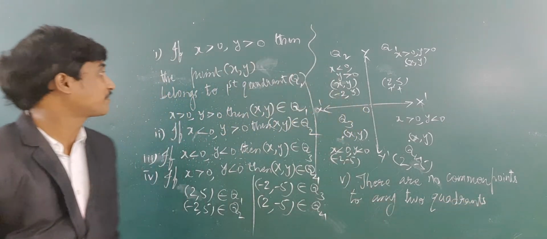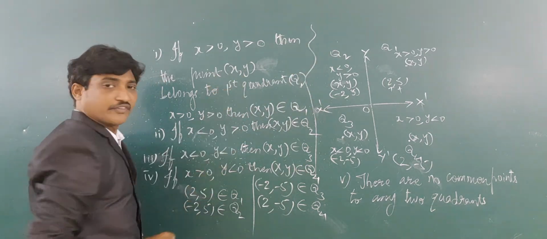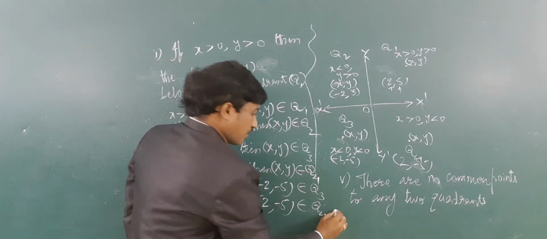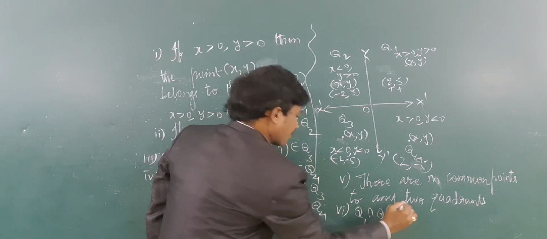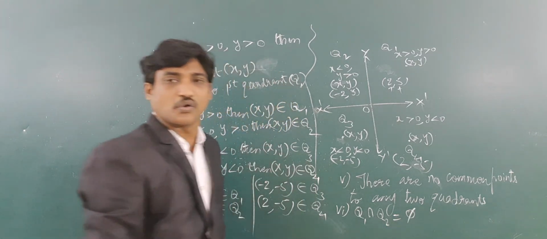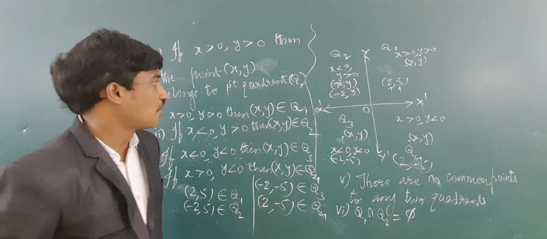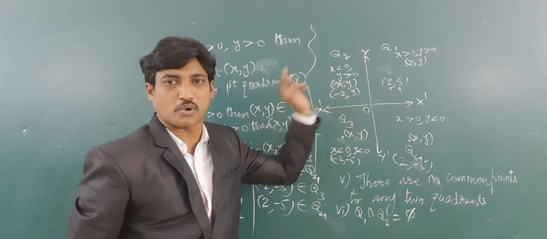That means we can state Q1 intersection Q2 is equal to empty set; to Q1 and Q2 there is no common point.